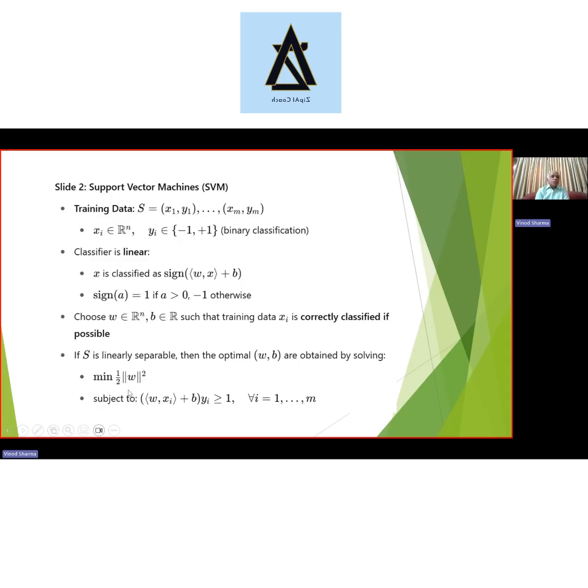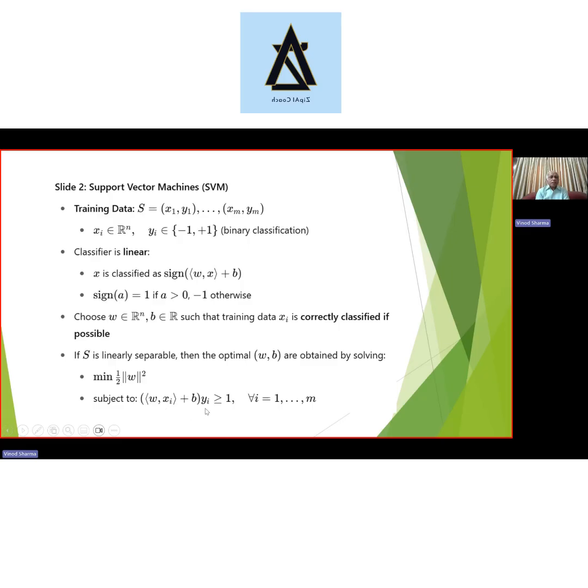That is, you minimize half the L2 norm squared of W, subject to the inner product of W and xi plus B, multiplied by yi, greater than or equal to 1 for all i, the samples xi, yi. How this constraint comes is, if yi is positive and this quantity is positive, then the sign will also be positive, and therefore it will be a correct classification, and the product is going to be positive.